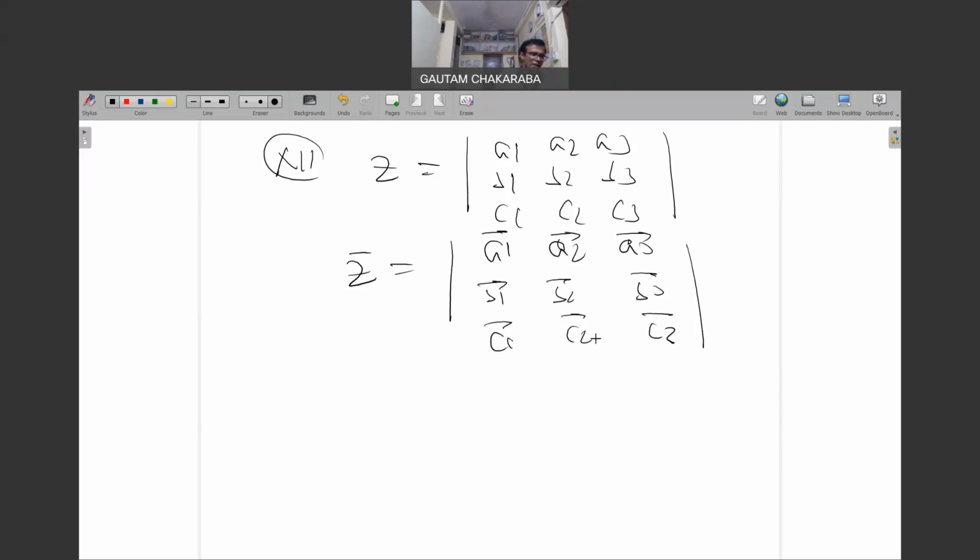So in this way you can apply the identities. Understood? A1, B1, C1 are different elements. Now, properties of modulus.